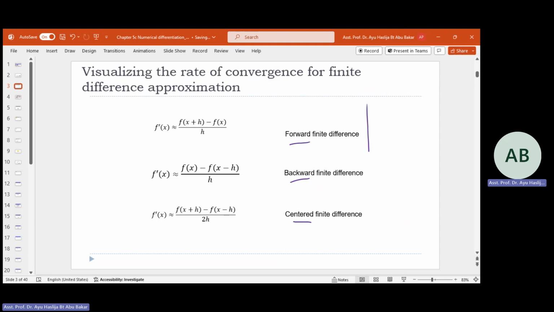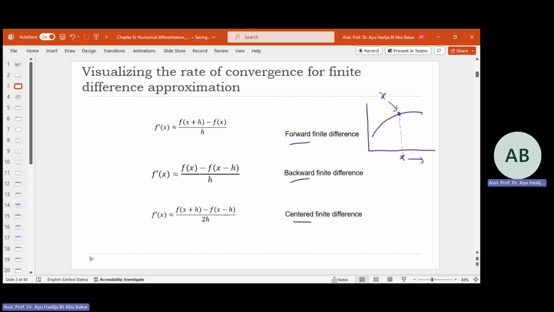Let's say you have a curve, then you will need to find the derivative, the differentiation value of this, let's say at this x. In forward finite difference, forward differentiation, forward means what? Move forward, move one step. So it will move one step ahead.